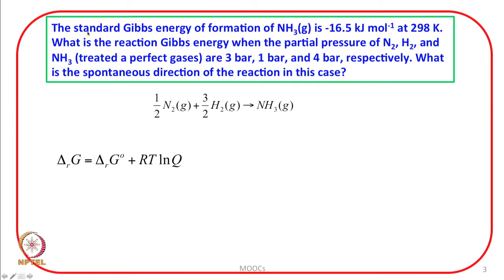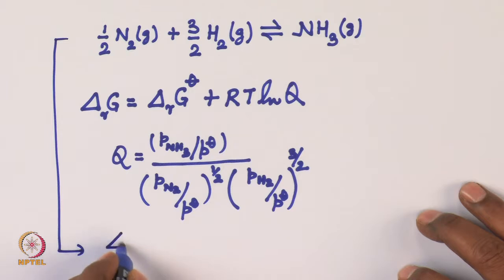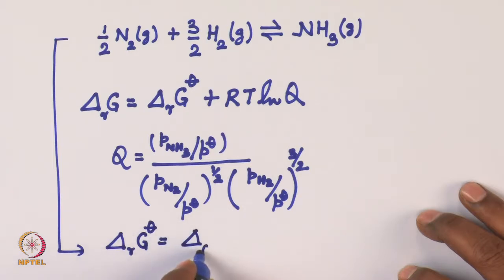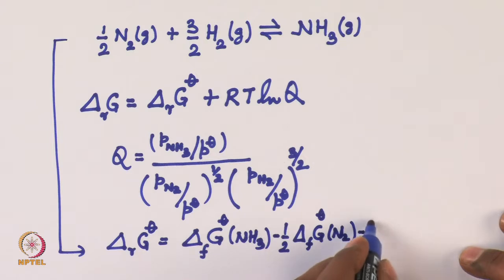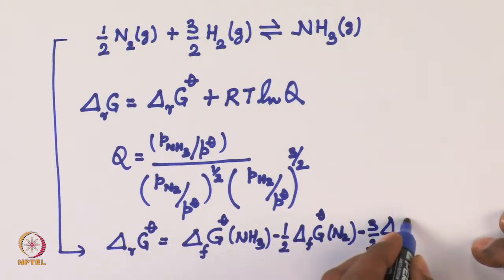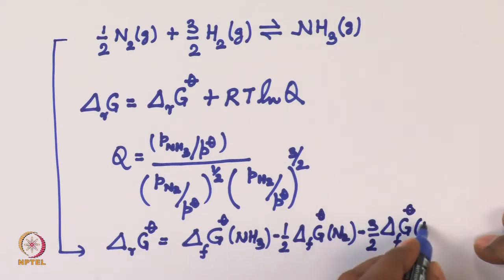In fact, if you look, the given information is the standard Gibbs energy of formation, and from this I can write delta R G naught is equal to free energy of formation of NH3 minus half free energy of formation of nitrogen minus 3 by 2 free energy of formation of hydrogen.